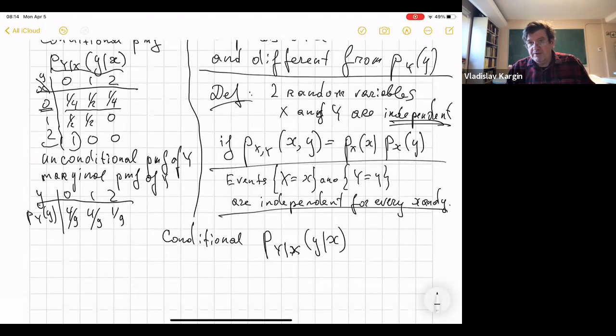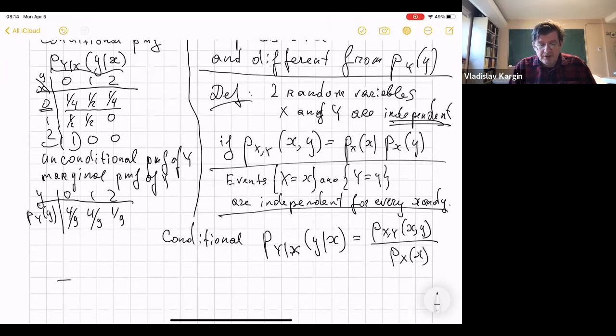We do it by the definition of a conditional probability mass function. This is equal to the joint p_XY of x, y divided by the marginal p_X of x. Here we condition on x, so in the denominator we have the x variable.